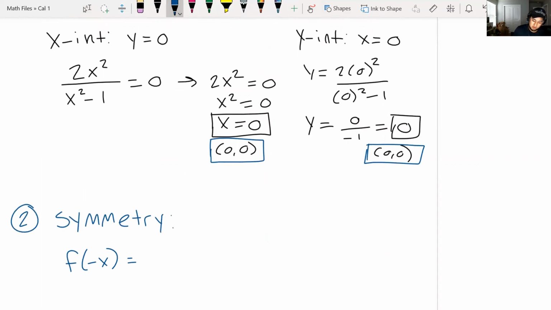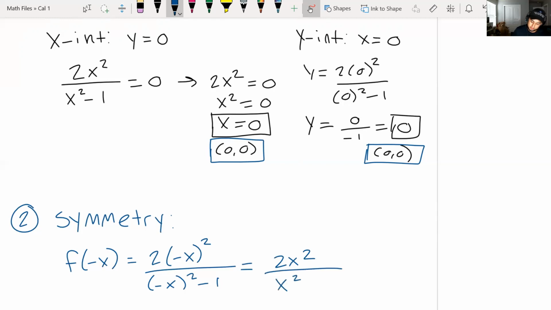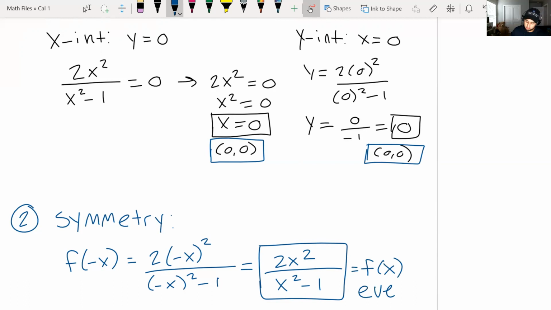So 2 times negative x squared over negative x squared minus 1. This gives me 2x squared over x squared minus 1. Did I get back the original function? Yes, I got back the original function. This means I got back f of x, which means we are even.